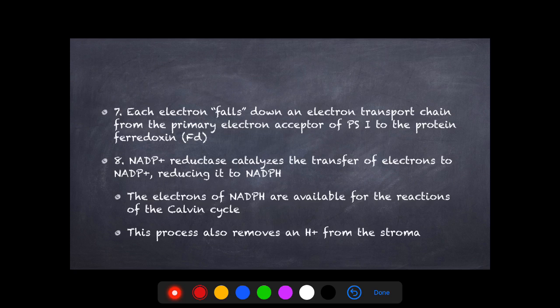In step 7, after the primary electron acceptor has the electrons, they fall back to a protein. This will occur through another electron transport chain.